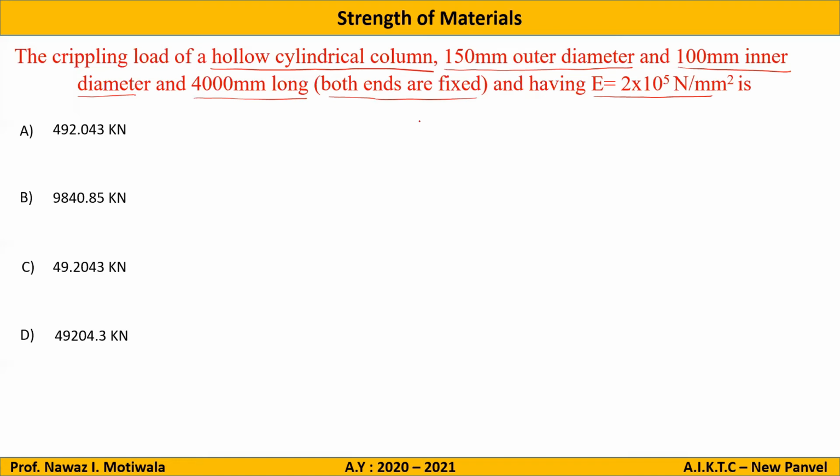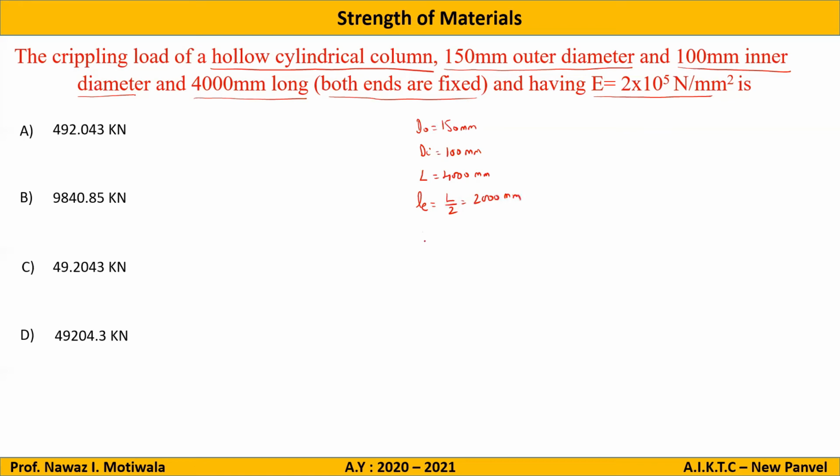Outer diameter D is 150 mm, inner diameter d is 100 mm. Length is 4000 mm and both ends fixed. If both ends are fixed, Le is equal to L by 2, which will be equal to 2000 mm.